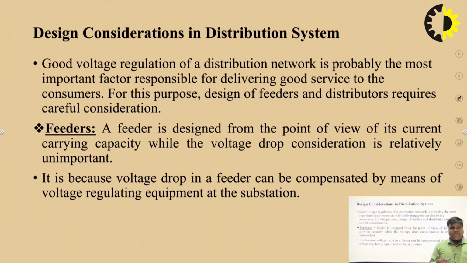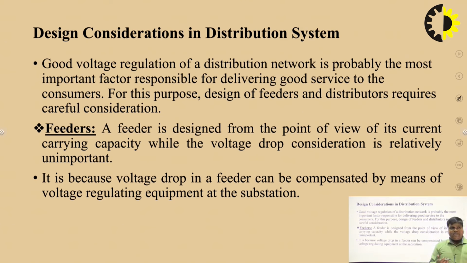Okay, the statutory limit of voltage variation is plus minus 6% of the rated value. It is very important from your examination point of view. It may be asked as multiple choice questions or short questions in your various examinations.